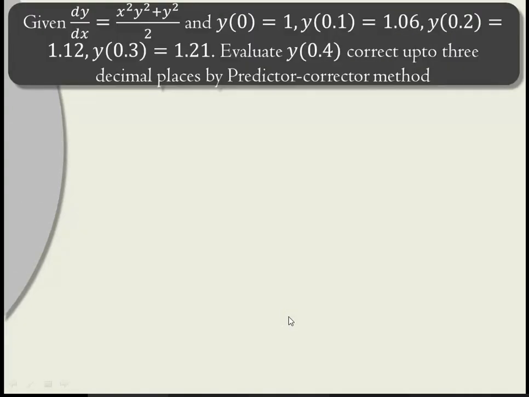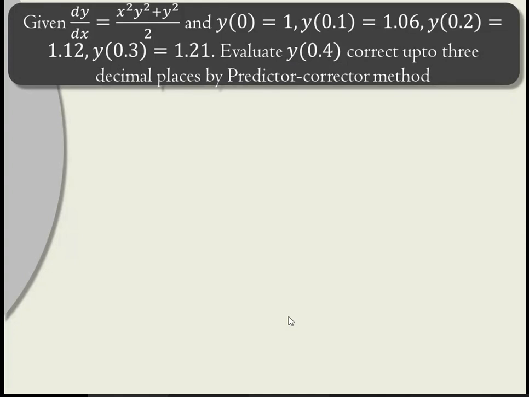Given dy by dx is equal to x square y square plus y square divided by 2, and y at 0 is 1, y at 0.1 is 1.06, y at 0.2 is 1.12, y at 0.3 is 1.21.